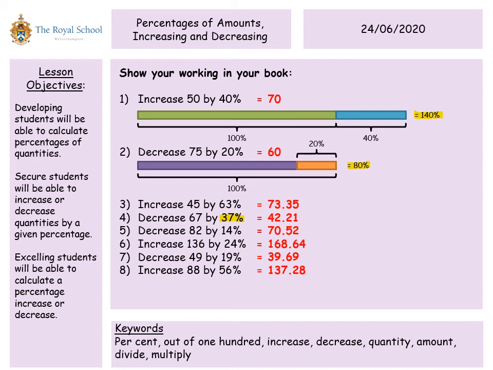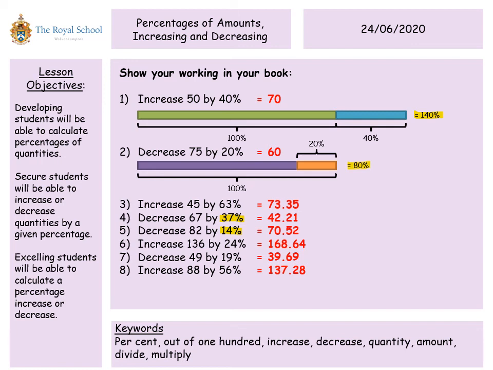For number 5, we should be doing 82 times 0.86, because it's a decrease again. If you take 14% off something, you're left with 86% of it, so 82 times 0.86. For number 6, we've got another increase, so we've got 136 times 1.24, should be left with 124% of it.